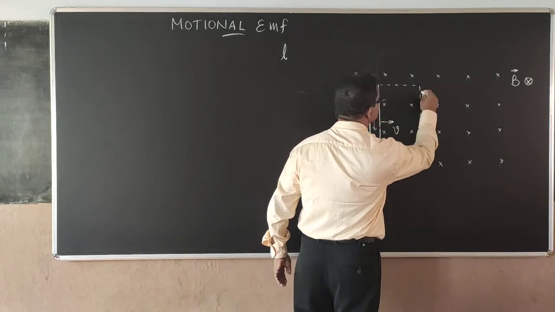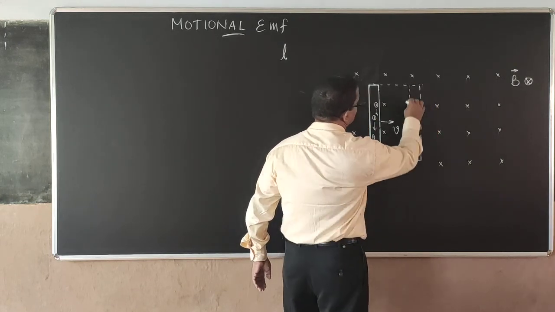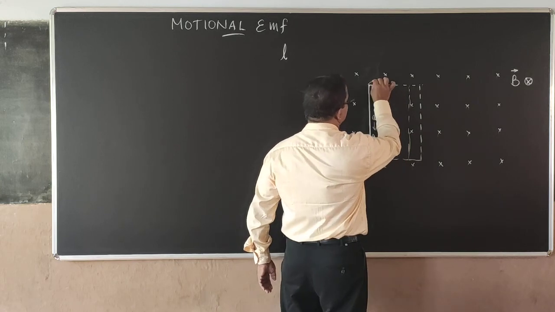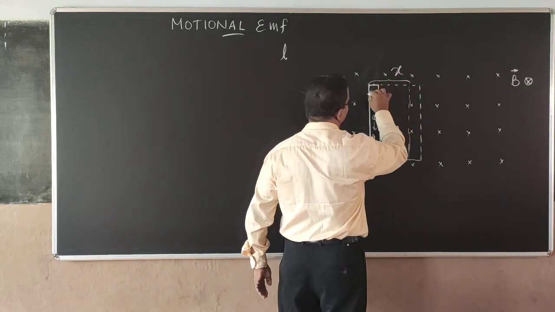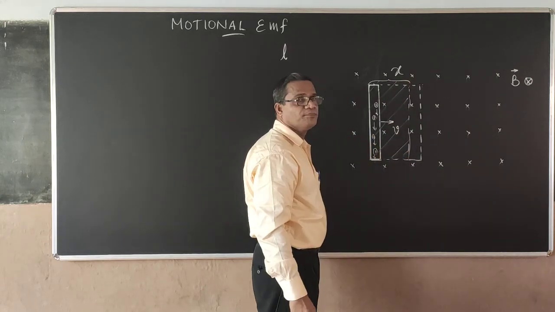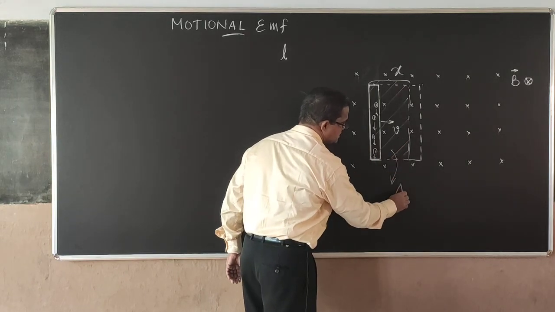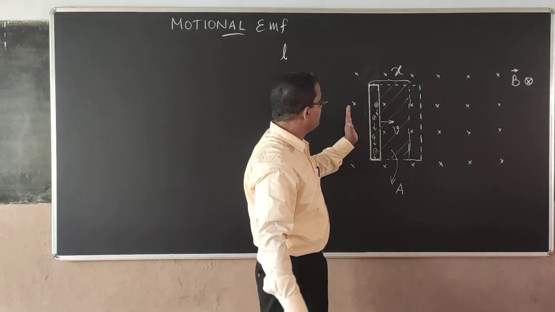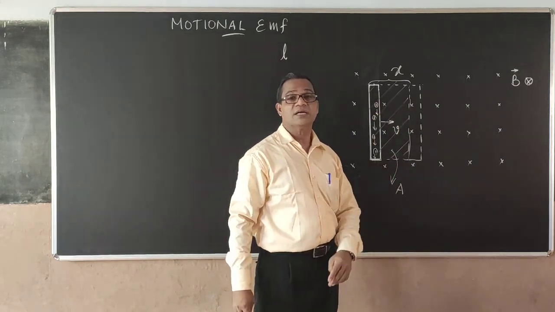Suppose the conductor is moved up to this. Then, if the conductor is moved through a distance x, it defines an imaginary area, let us assume A, within which the magnetic field lines are cut by the conductor.